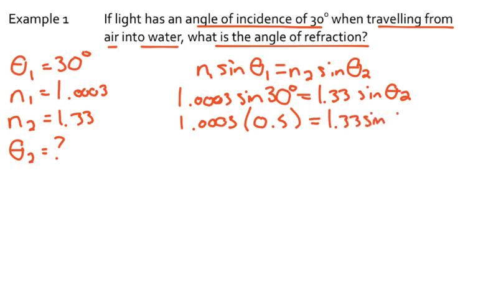No calculations we can do on the right side, so we'll just carry it down. On the left, we can multiply those together. 1.0003 times 0.5 is 0.50015. And the right side is what it is.